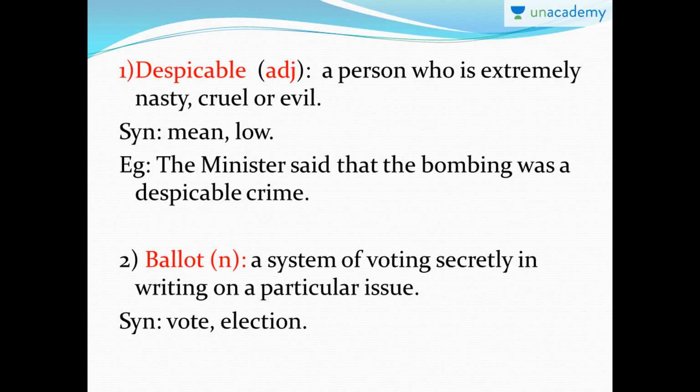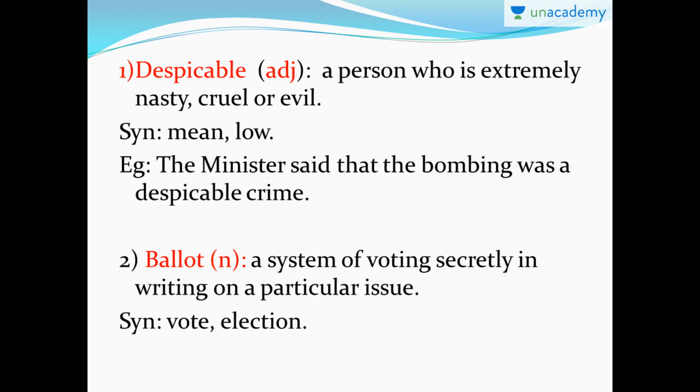So the first word is despicable. Despicable is an adjective. That means a person who is extremely nasty, cruel, or evil. That means a person who is not kind at all. Those kinds of people can be described as despicable. It is an adjective, that means it describes a noun and it cannot be used in the form of tenses. The synonyms are mean, low.